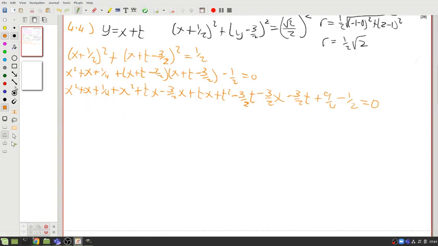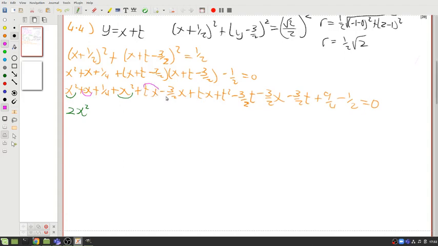Now let's collect our like terms. So for the x squareds, we've got one of them, another one of them, and no other x squareds. So we've got 2x squared. Now let's look at everything with an x. So we've got an x, we've got a tx. I'm just going to do the t's at the top.